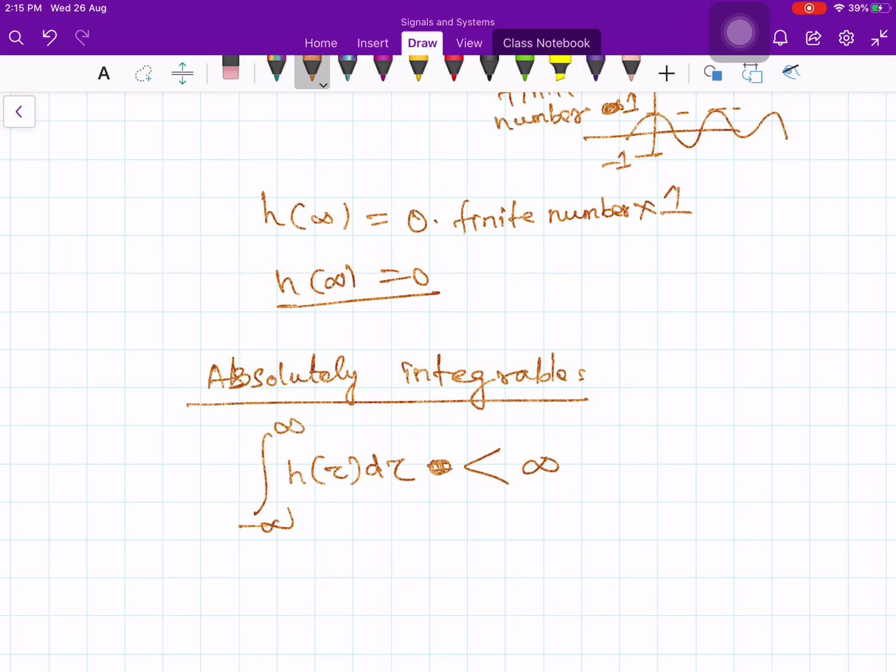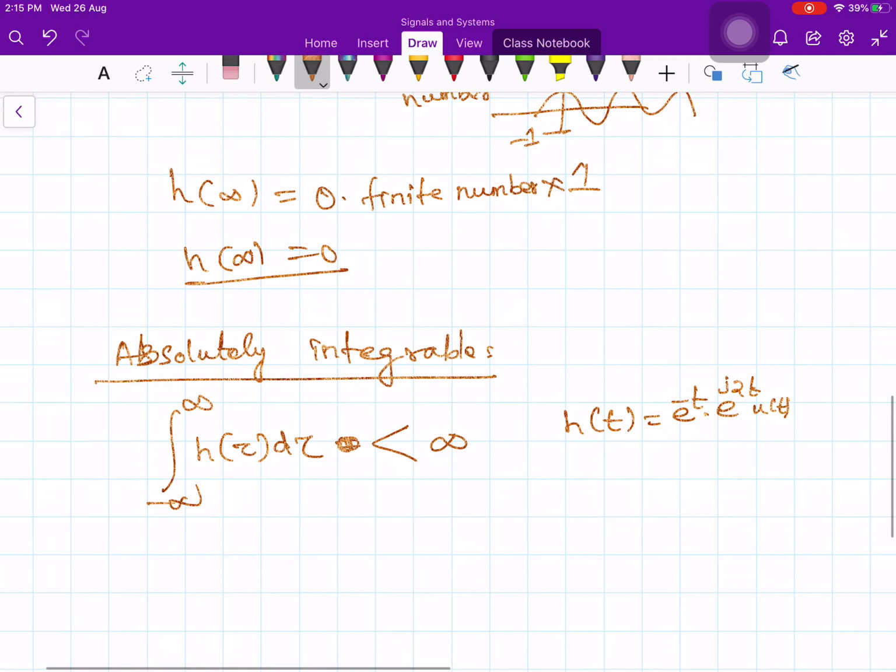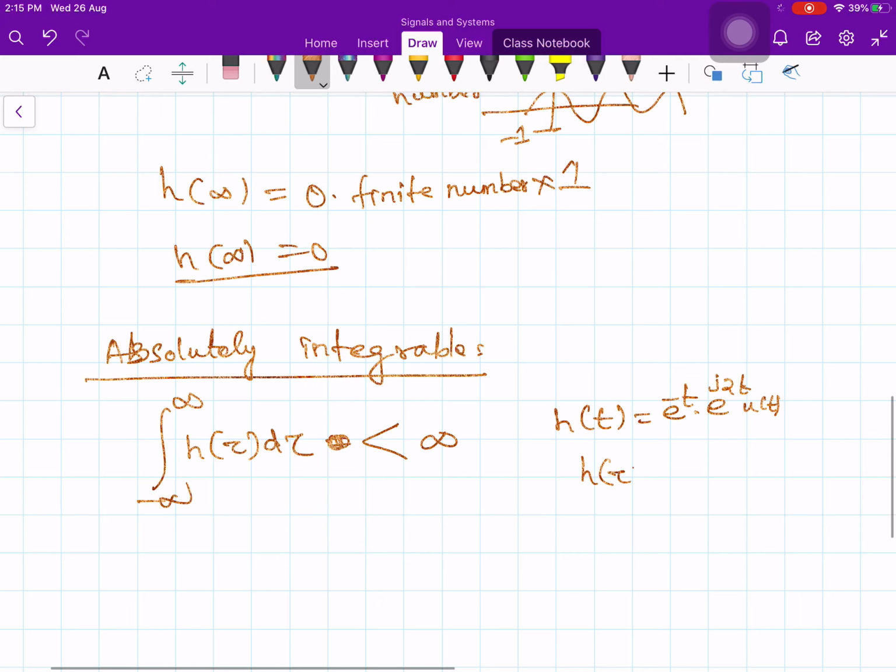Now h of t is given: h of t is equal to e to the minus t times e to the j times 2t, u of t. This is what is given. What is h of tau? e to the minus tau, e to the j2 tau, u of tau.